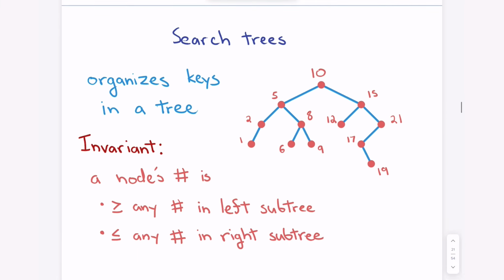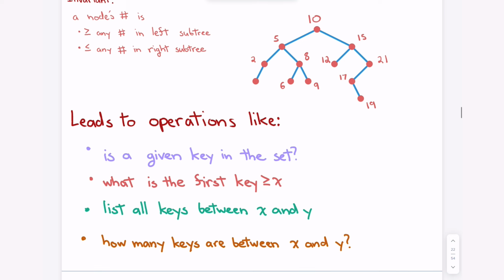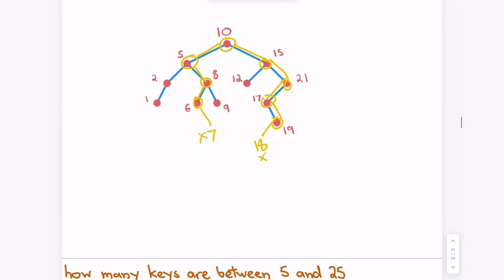And then we started this discussion about search trees. Binary search trees, where I have the keys in place, so that if I want to find a key, I just go left, right, things like this. We talked about some of the use cases, like not just finding a key, but listing all keys in a range or counting the number of keys in a range. These can be done fast in a tree, but the operations always take time proportional to the height of the tree.